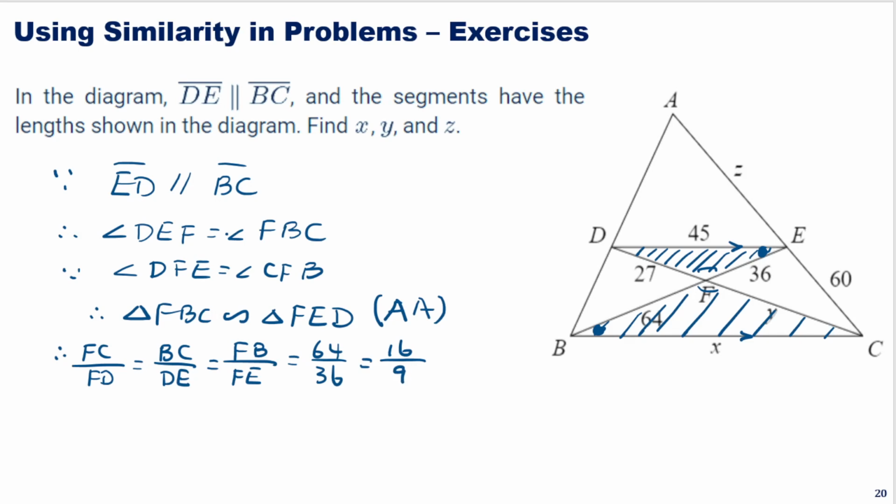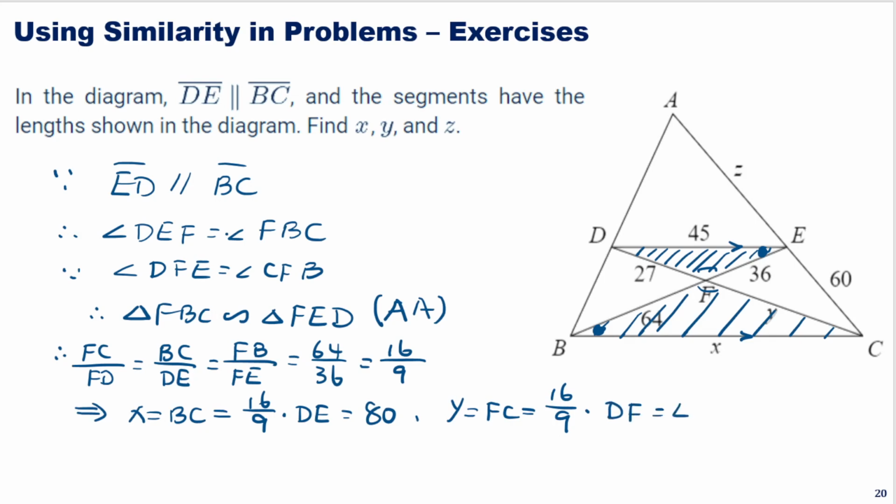So solving for x and y, we have x equals BC, which equals 16 over 9 times DE, which is 80, and y equals FC, which equals 16 over 9 times DF, which is 48, right?